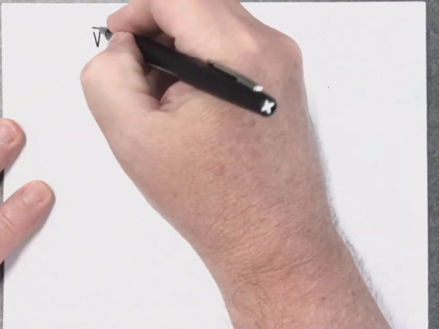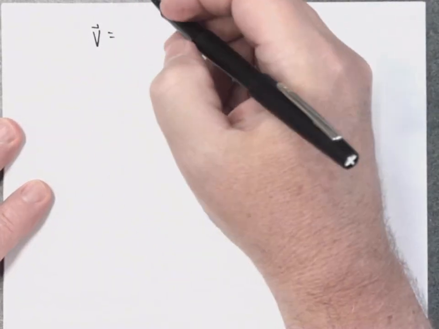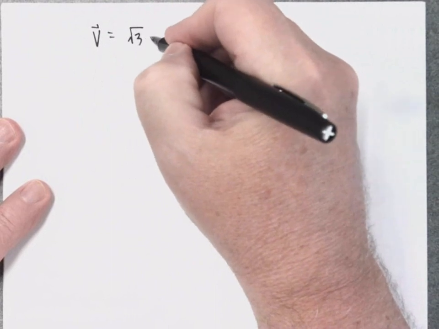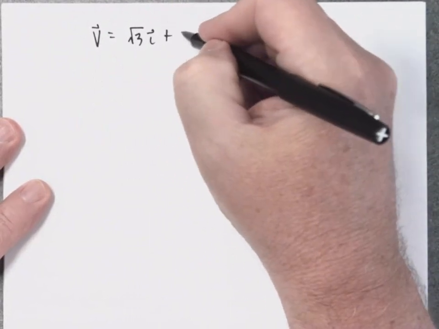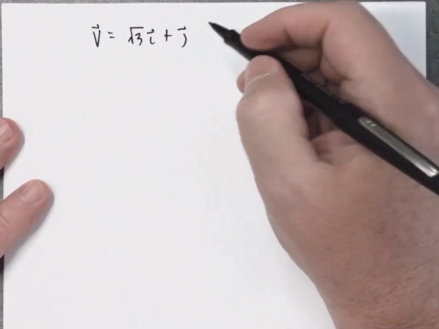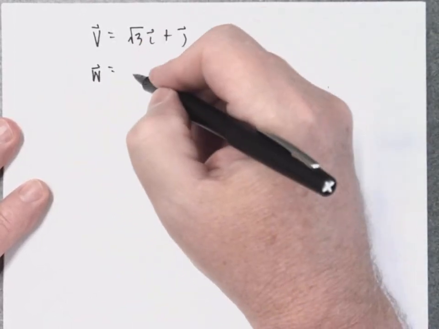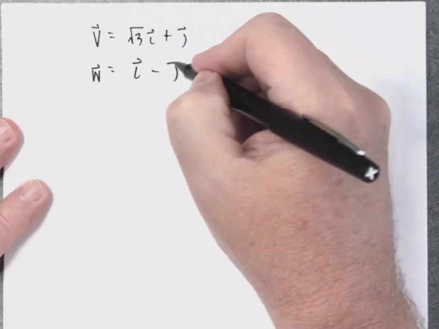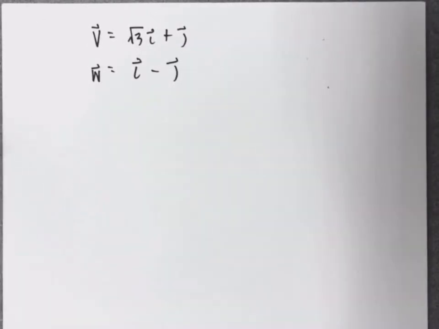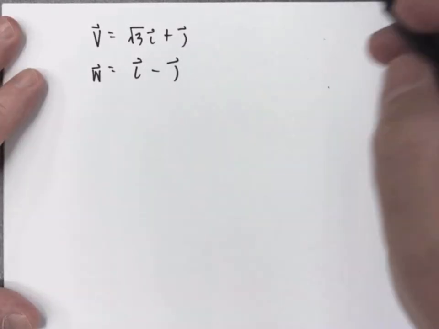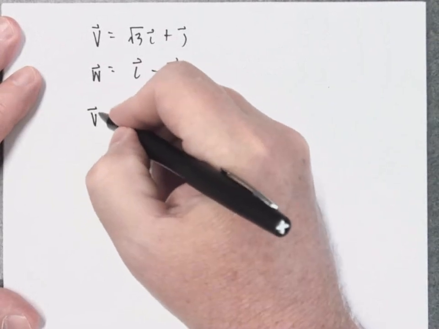Let's do a couple more. For this problem, vector v is square root of 3 i plus j, and vector w is i minus j. Same questions. They first want to know the dot product.